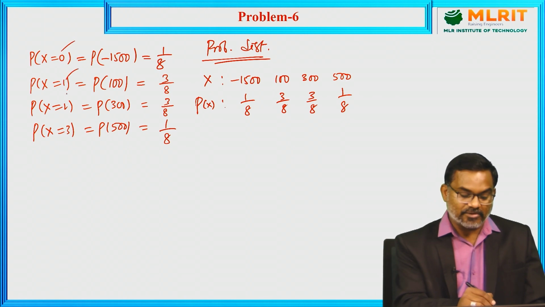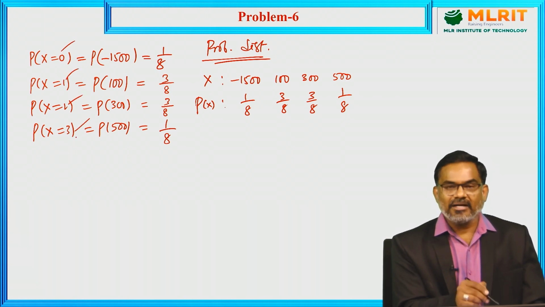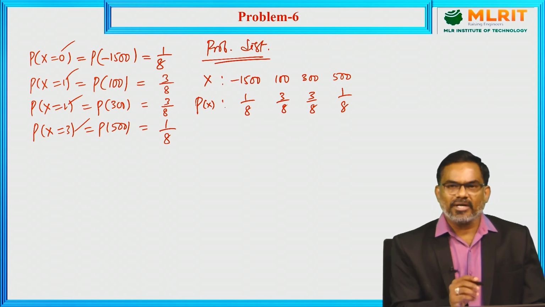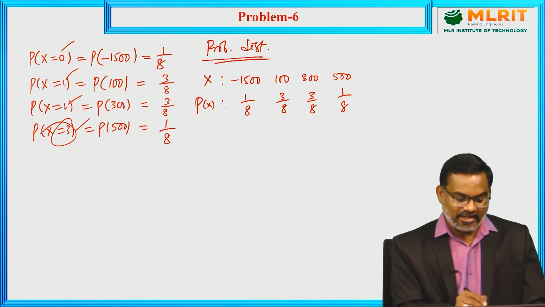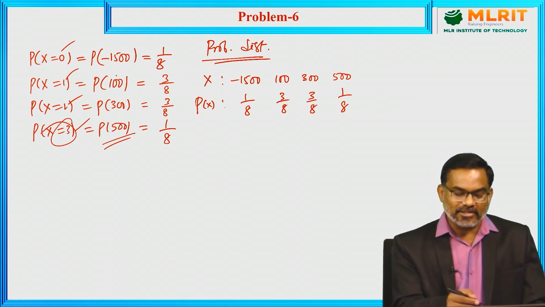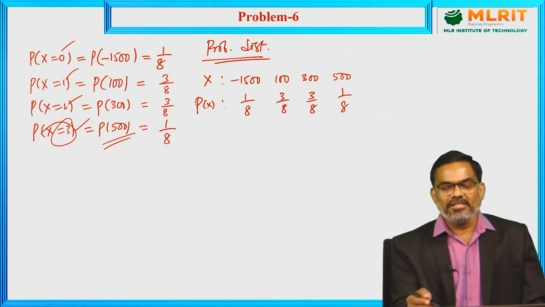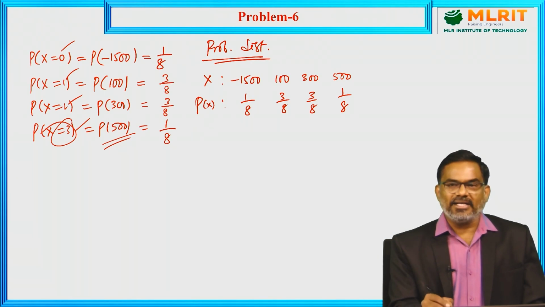But getting 0 heads and paying 1500 are one and the same. Getting 3 heads or gaining 500 rupees are also one and the same here. That's why we replace the values of x by the amount, since the experiment is connected with the game and the amount.